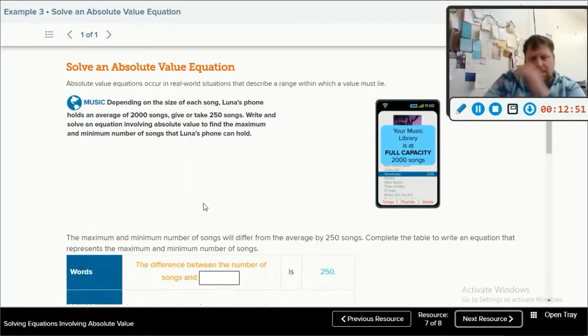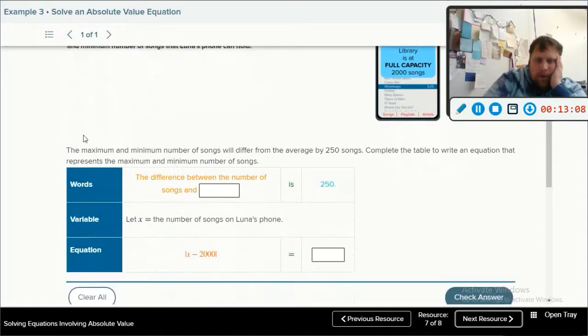All right. Depending on the size of each song, Luna's phone holds an average of 2,000 songs, give or take 250 songs. Write and solve an equation involving absolute value to find the maximum and minimum number of songs that Luna's phone can hold. Well, the maximum and minimum number of songs will differ from the average by 250 songs.